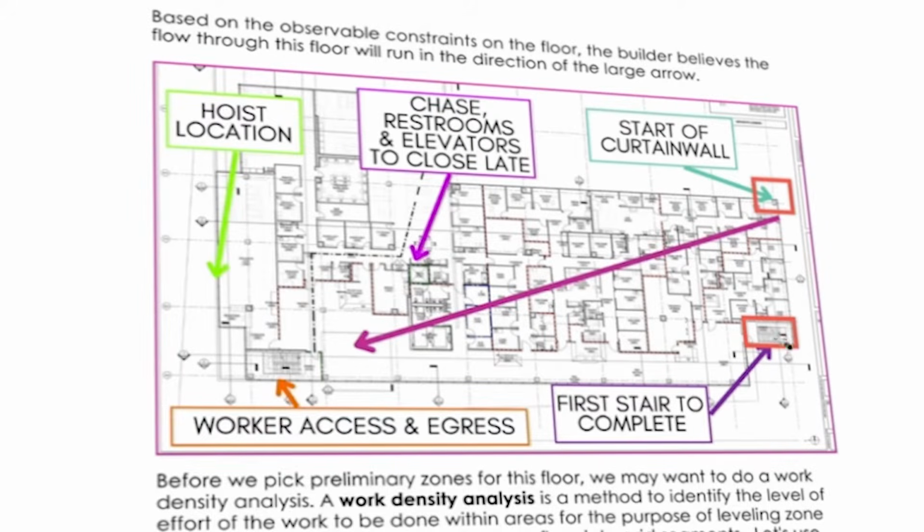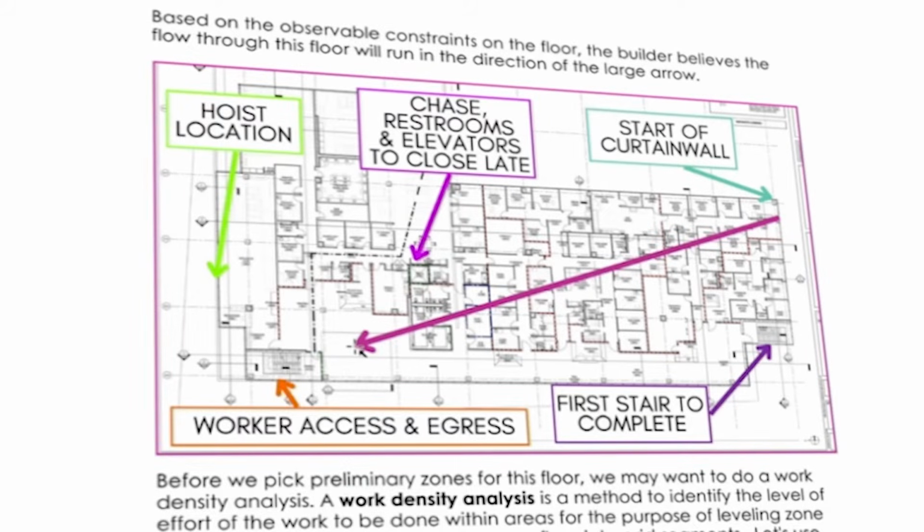Hey, this is our first stair on our steel order. Hey, this is some complex areas in the beginning. Oh, hey, this is where our workers will access the work. Hey, our hoist is going to be over here because it's closer to our access point. So I think that the work will flow in this direction. Constraints are physical limitations that we have to deal with. They can be optimized but not entirely removed.